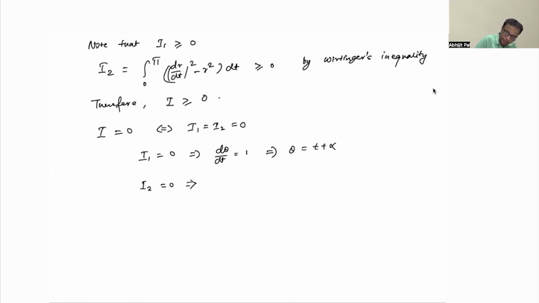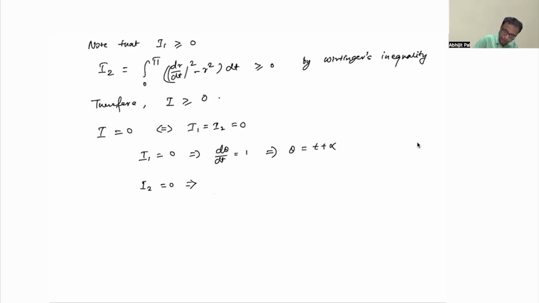So this will imply that r is a function of t. Sorry, there's one mistake I have made. So I2 equals 0.